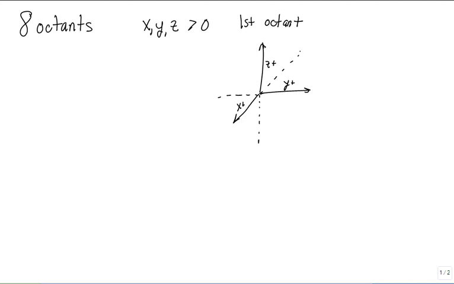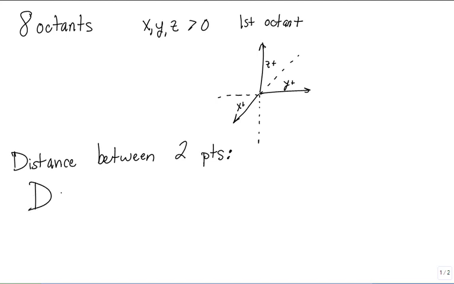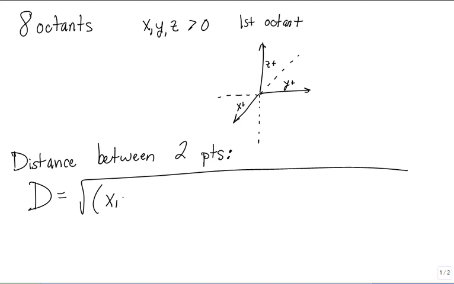Okay, let's look at the distance between 2 points. Let's see how we do the distance between 2 points in 3 space. Well, it's just the same as the distance formula in 2 space, except we have 3 coordinates.